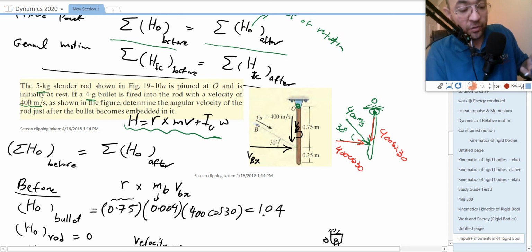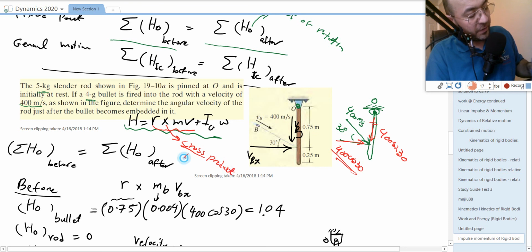Which one of them creates rotation? I believe the Y one doesn't create any rotation. The only thing that creates rotation is 400 cosine 30. In the equation we have r cross mv. Cross means perpendicular component. In a cross product, we always use the perpendicular distance.